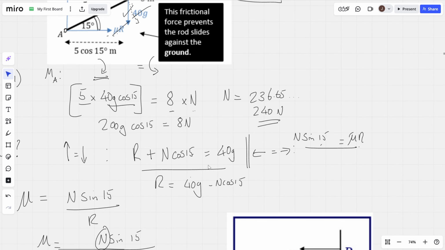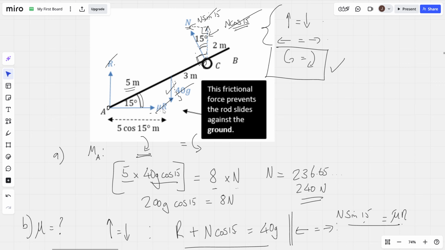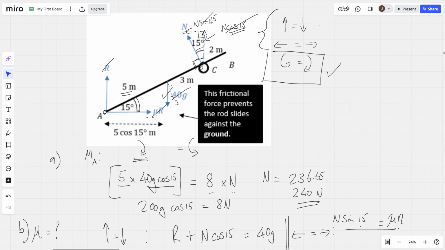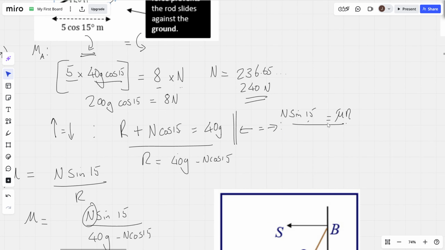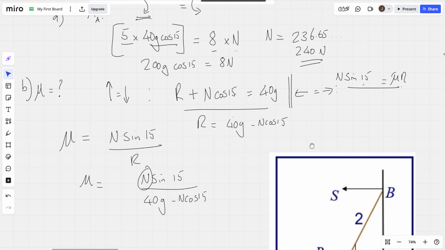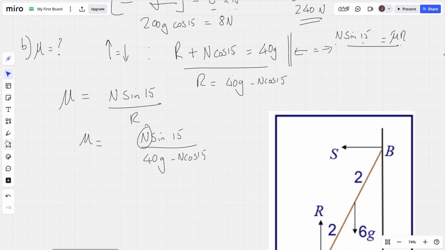The left equals right is just this friction down here is equal to this leftness from the peg, which is this one here. The question wanted mu. So if you rearrange this one to mu equals n sine 15 over R, and you sub in your numbers, you can see how close we were before the previous video timed out, you will get 0.37.